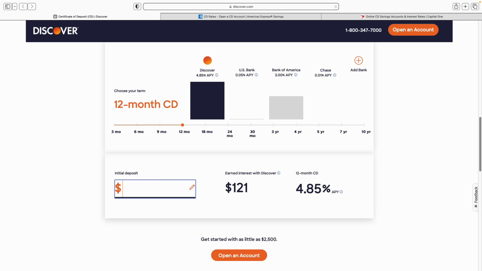Okay, so $10,000. The APY is for 1 year 4.85%, which is easily calculated, straightforward. I just multiply 10,000 times 4.85%, and I get the amount of 485.